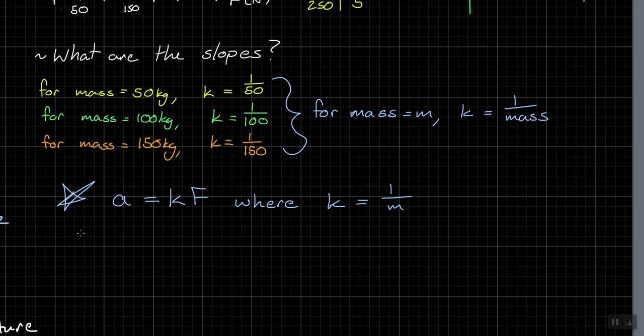So acceleration is 1 over the mass times the force. Is everybody on board with this? I'm just plugging in. Okay, at this point, we get our last rearrangement. Acceleration then is equal to force divided by mass.